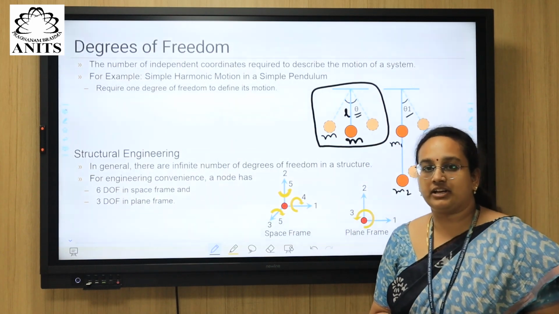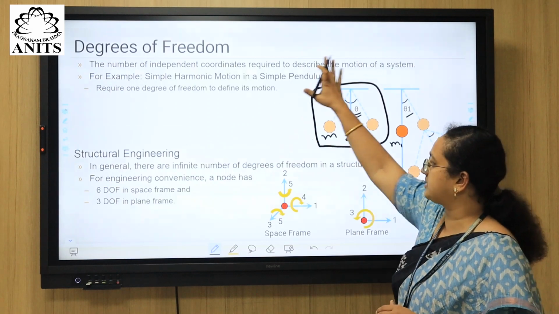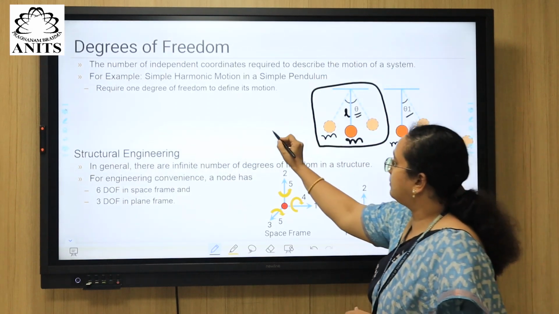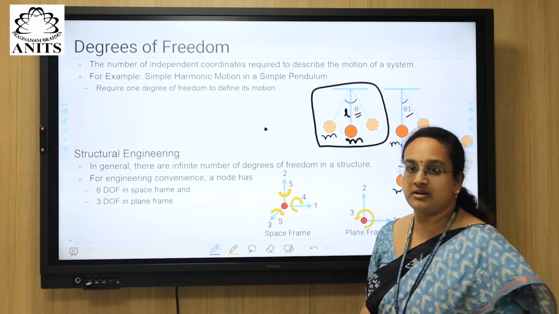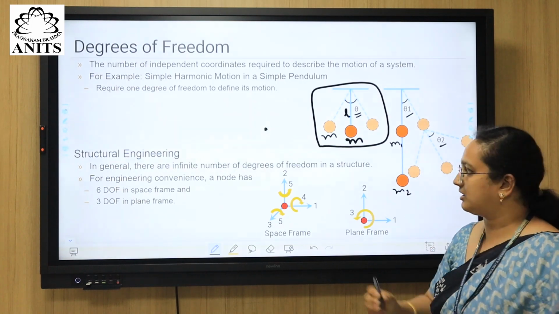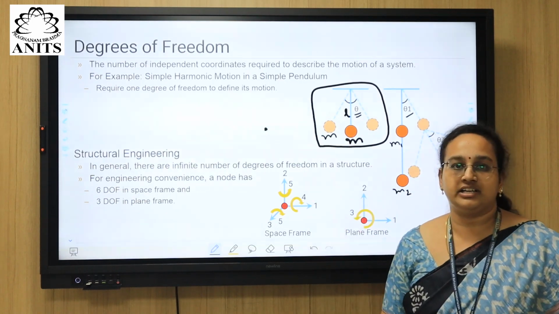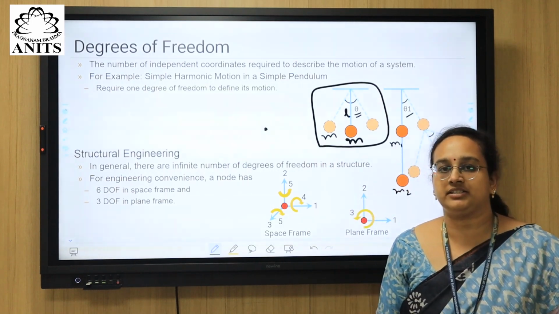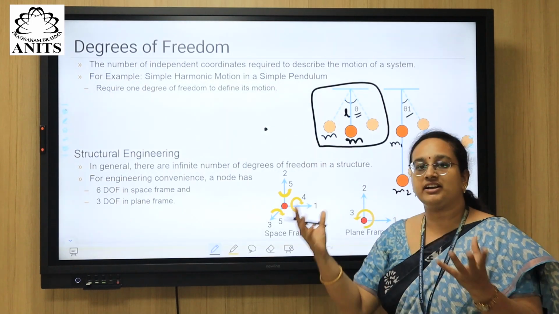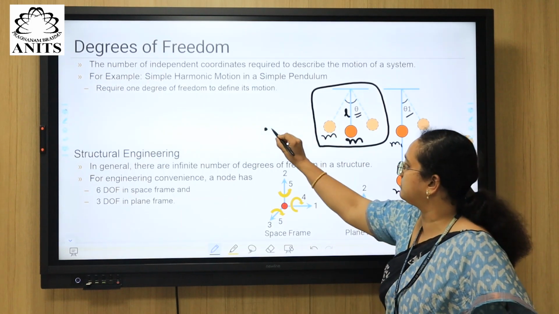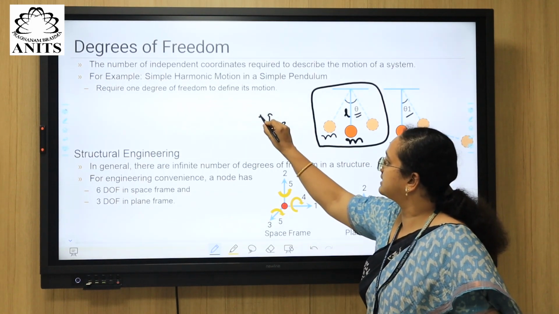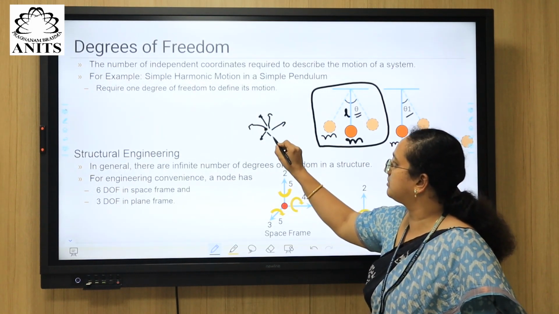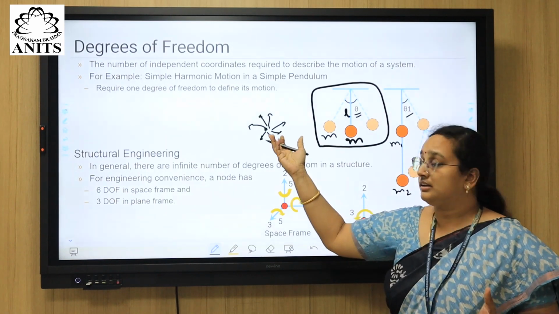If you take any point on a structure, how many directions can you define? The position of that point can be defined in an infinite number of directions, because this can be one, this can be one, any number of directions. That is infinite, right?